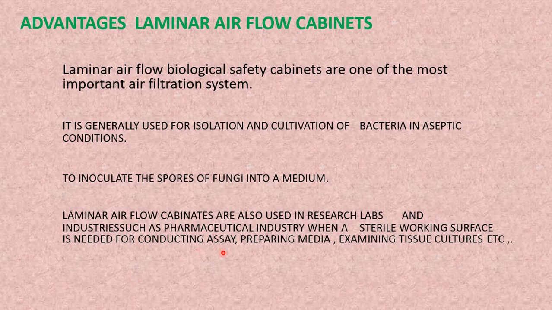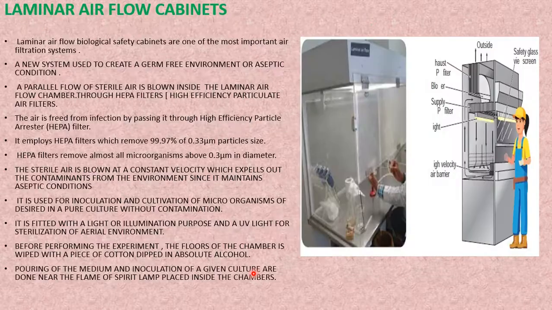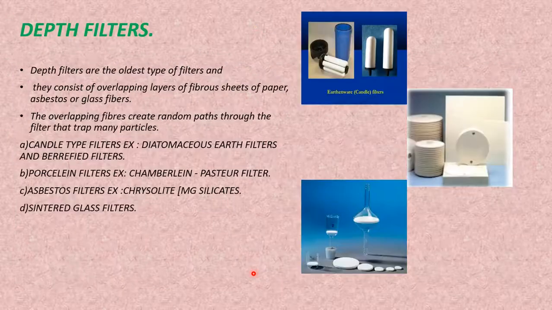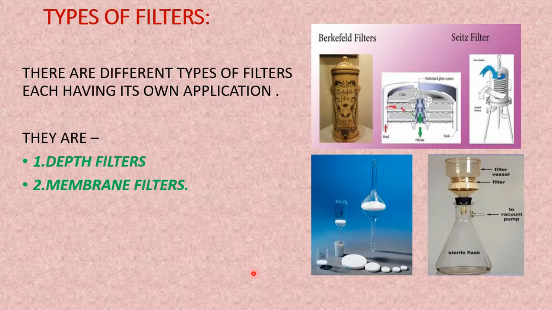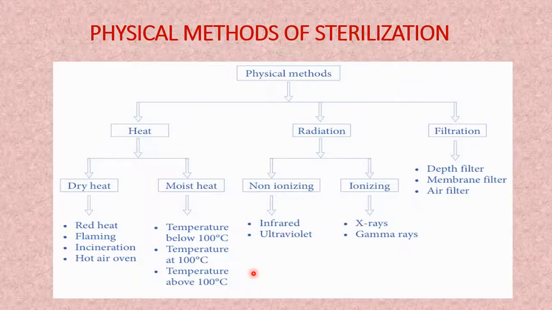So these are all the advantages of the laminar airflow. That's how we finish the different types of filters and the filtration technique. In this filtration sterilization, we have gone through the different types of filters.